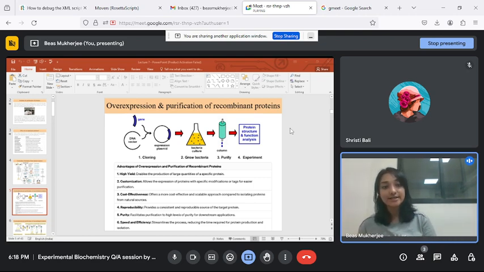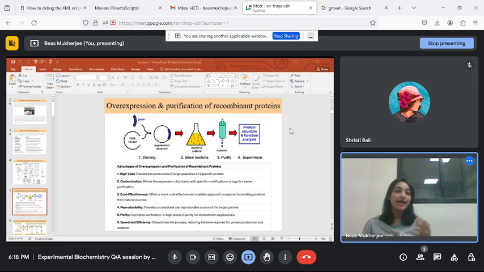So whatever the normal expression of protein is, our protein is going to be formed a lot more than that, and that is why it is called overexpression. All of this has been genetically engineered, and that is why we are overexpressing our desired protein in bacteria.